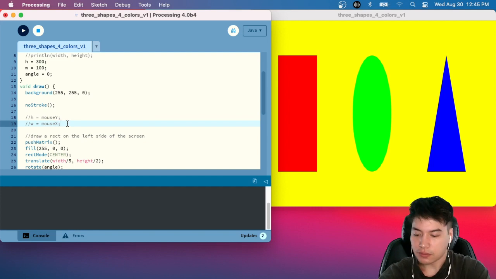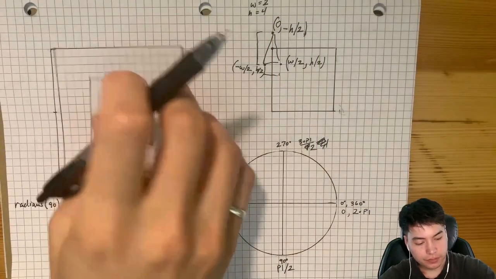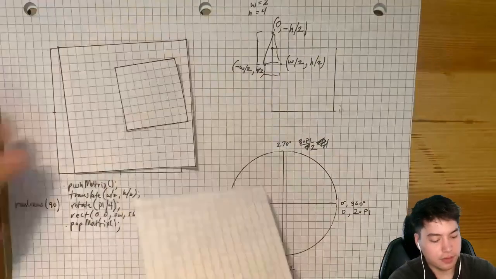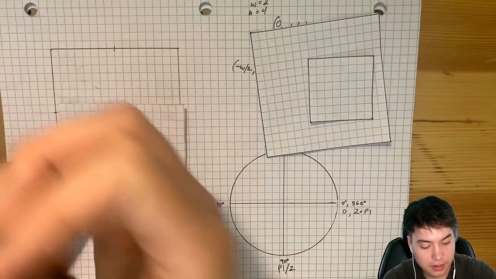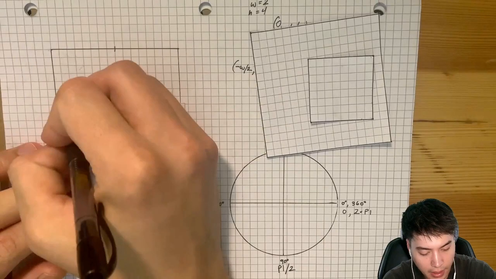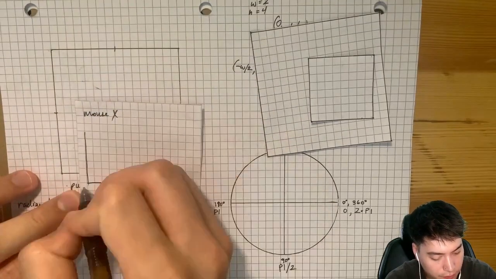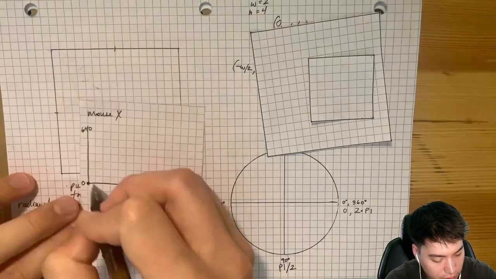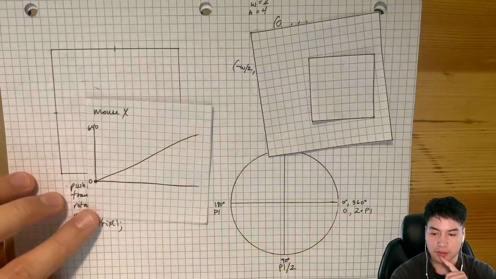And the way that map works is that it's going to take some value that you know, so let's say mouse x. For example, we know that mouse x goes from 0 all the way to 640, right? And so this is the range of values that we're going to get from mouse x.